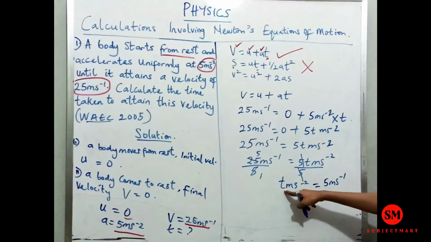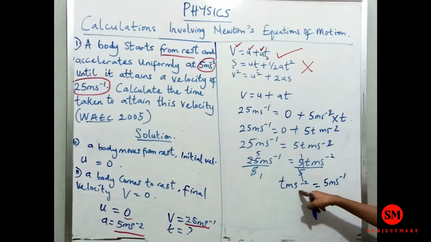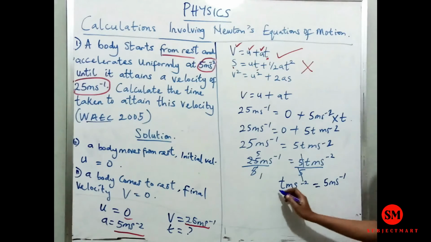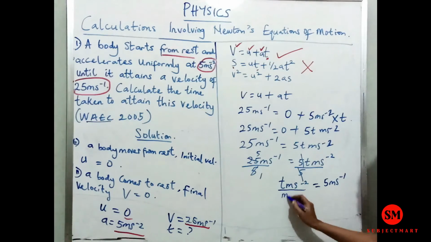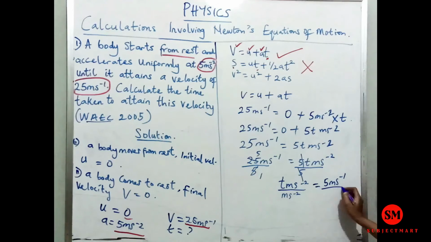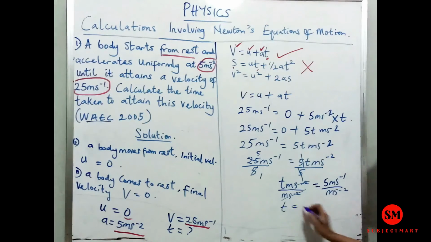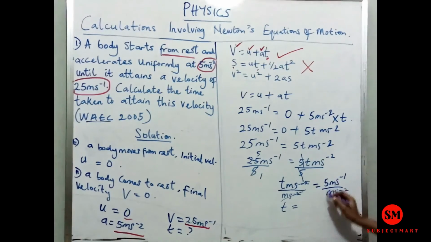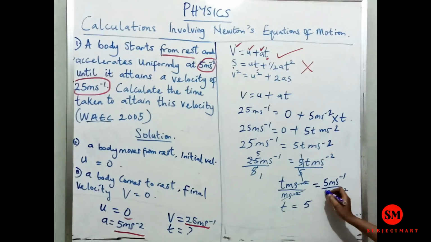Now I just want t, I don't want the unit. So that means I'm still going to divide both sides by this unit to make t stand alone. So t is equal to 5 divided by 1, which is 5.